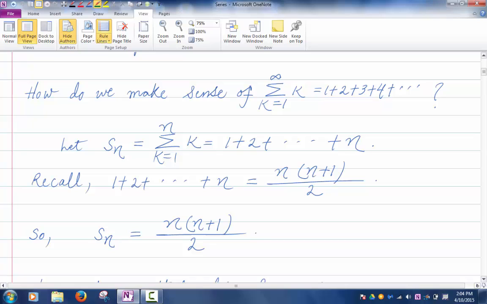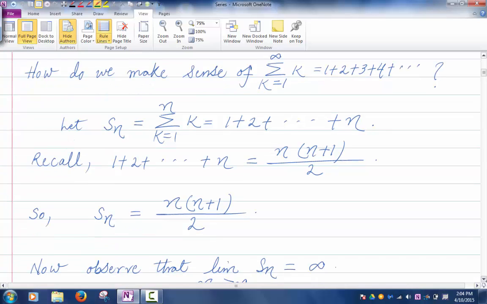Those of you who are in math or stat will probably give a proof of this as an exercise in your foundations class. So we get that S_n is given by n times (n plus 1) over 2, and notice that the limit as n goes to infinity of S_n is then infinity.